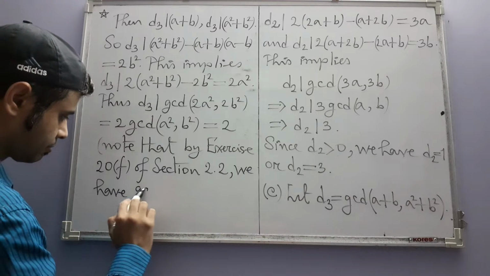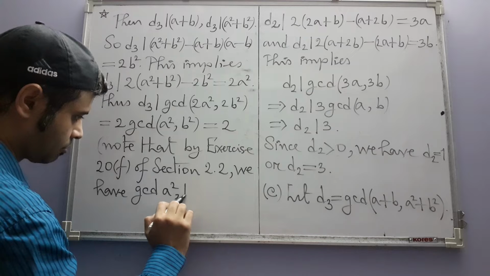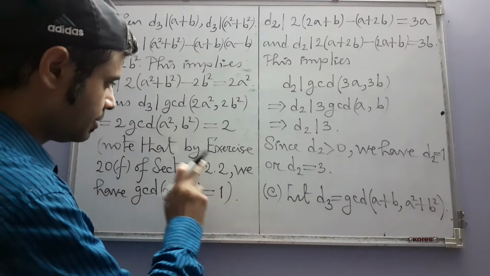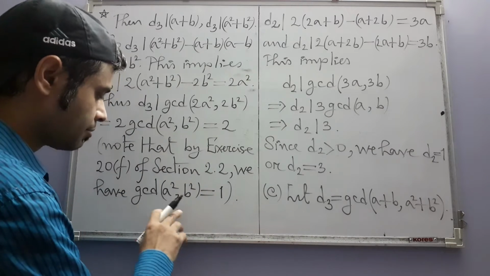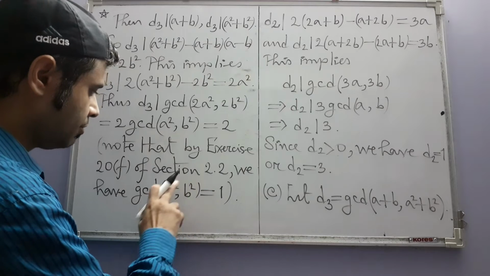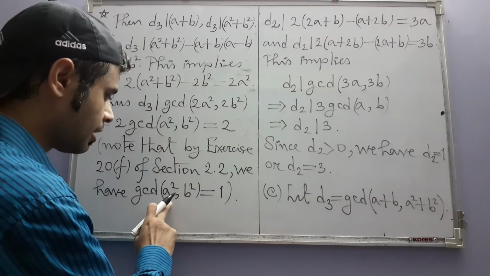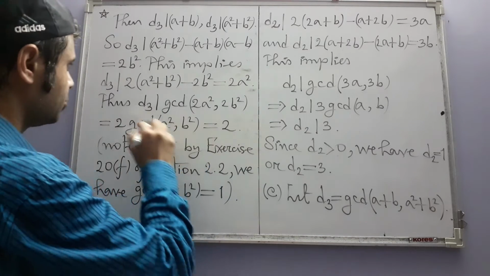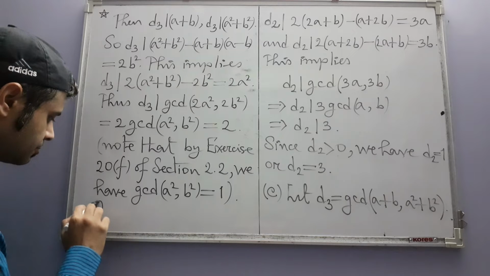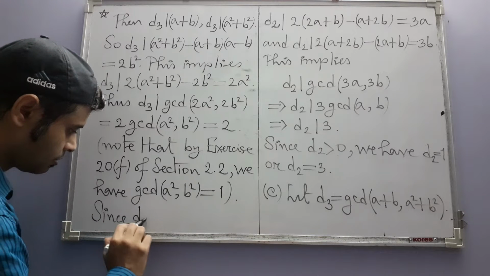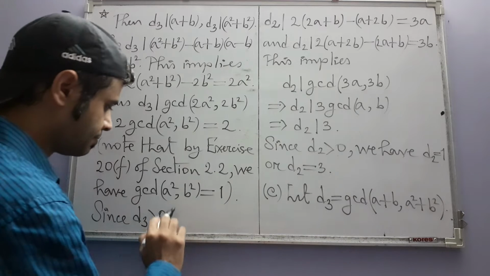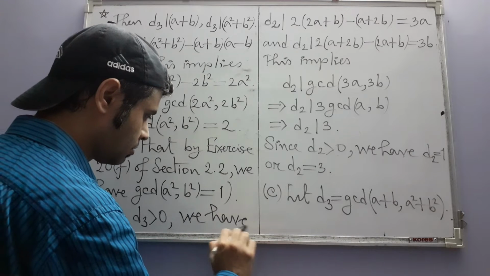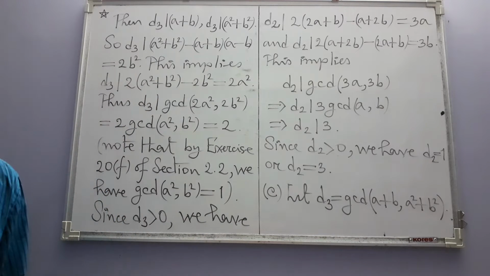We have this. In fact, this part F of this exercise asks us to show precisely this, that if a and b are relatively prime, then so are a square and b square. So that's what we have used here. So now d3 divides 2, and like before, since d3 is positive, we have d3 either equal to 1 or equal to 2.